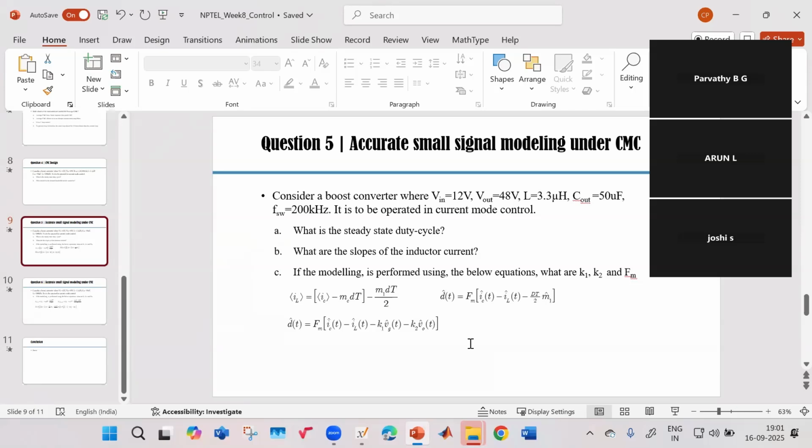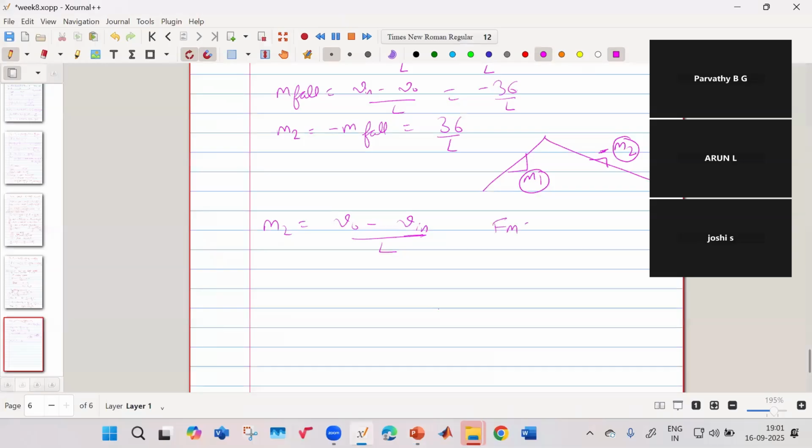In the first modeling approach, we have our Fm equal to 1 upon mc plus m1 upon 2. You could either remember this or you could derive it in the exam as well.